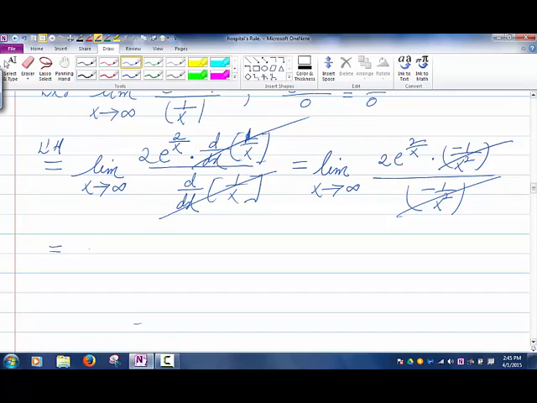I am getting the limit as x goes to infinity of 2 times e to the 2 over x. What's that now? It'll be 2 times e to the 0, right? Which is 2.